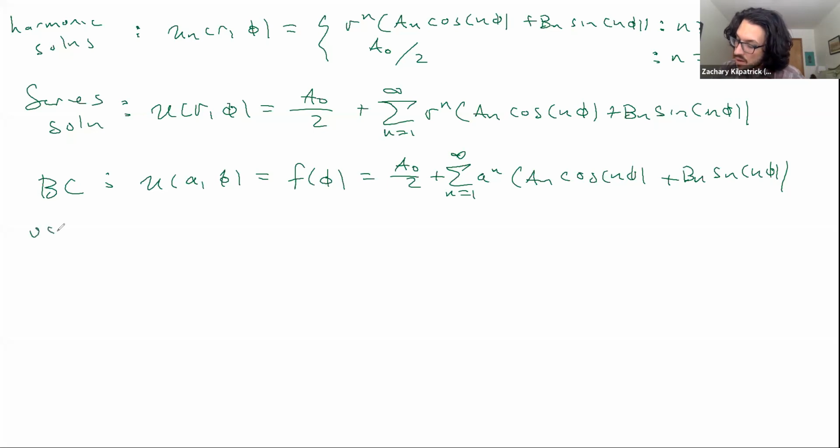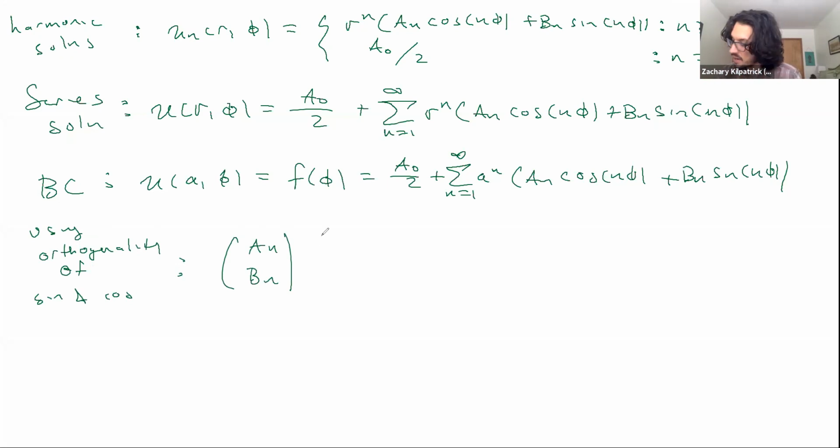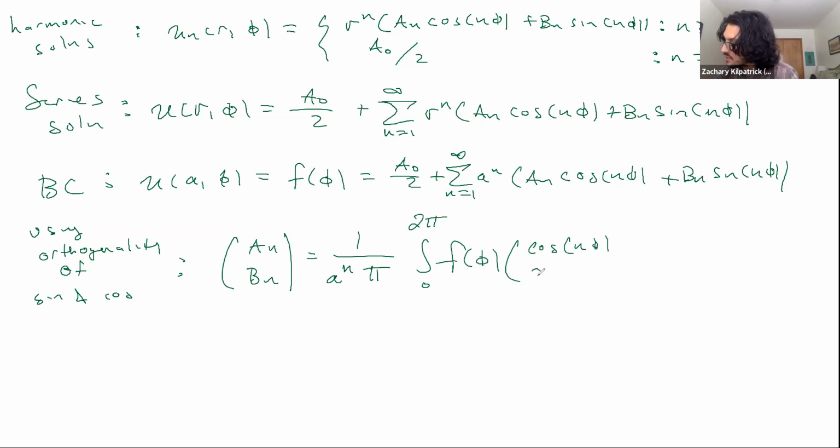Okay. So if we use orthogonality of sine and cosine, what we get then is that an and bn, I'll write this in vector form, is equal to 1 over a to the n pi integral from 0 to 2 pi of our boundary condition f of phi, and then the an's we get by integrating against cosine, the bn's we get by integrating against sine, d phi here.